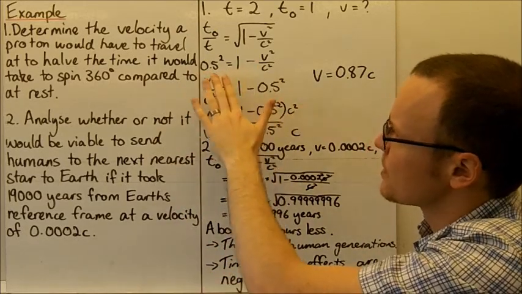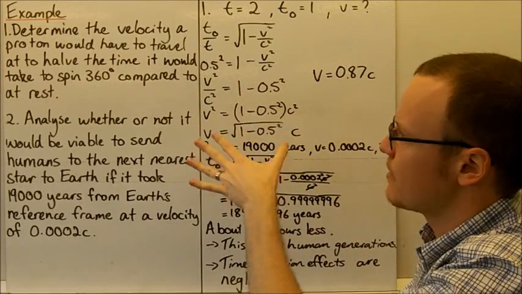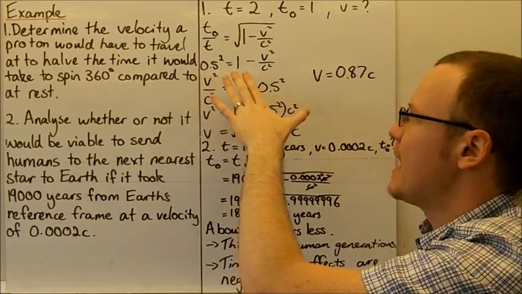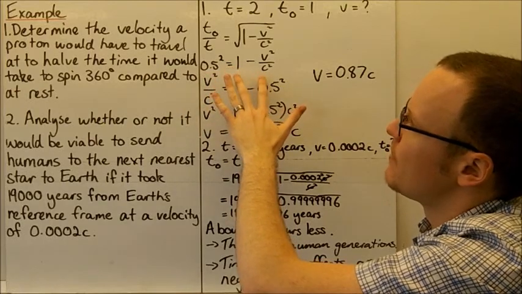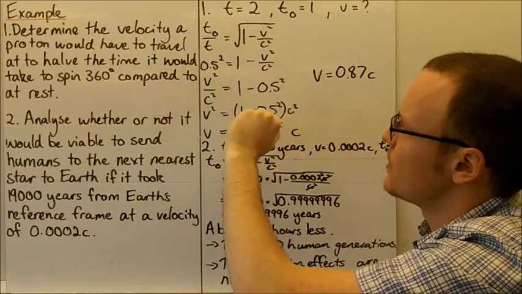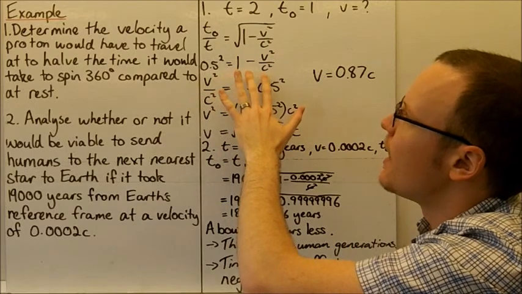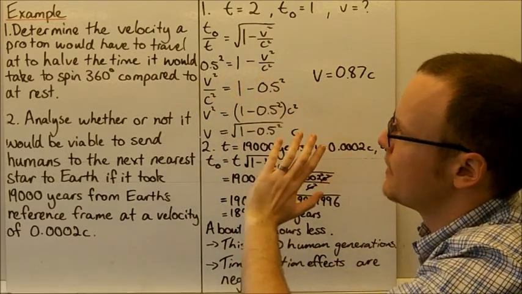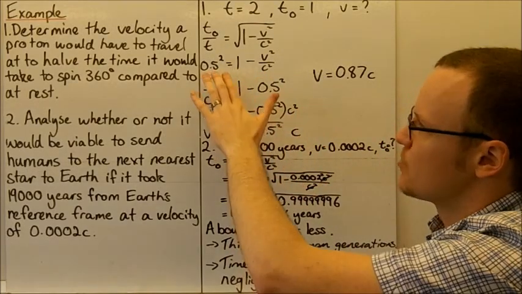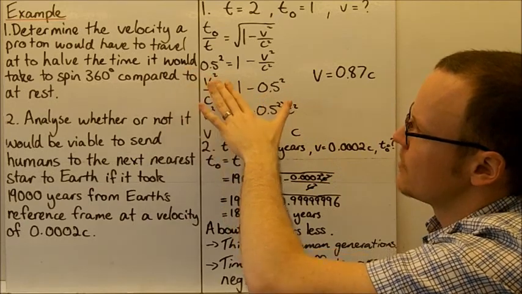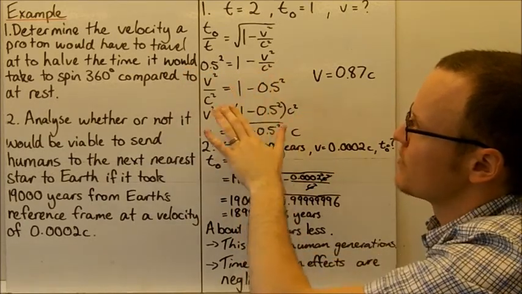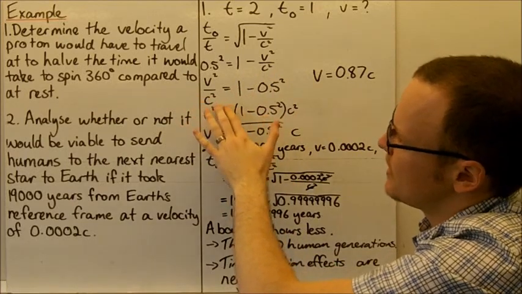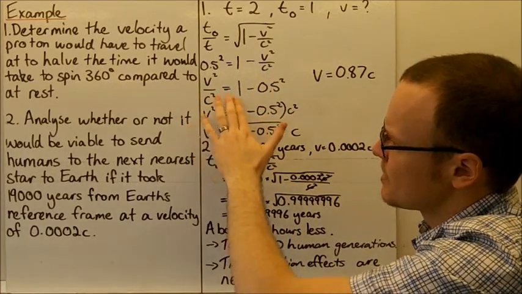So in order for that to occur, we can just do a little bit of algebra on it here, and manipulate these equations, squaring both sides of the equation, and subtracting 0.5 squared and subtracting v squared on c squared from both sides, yielding this equation.